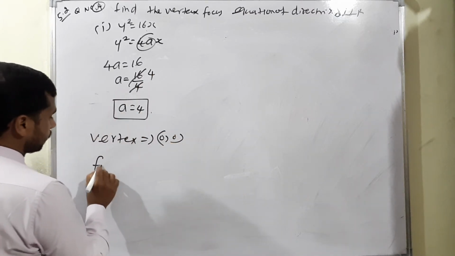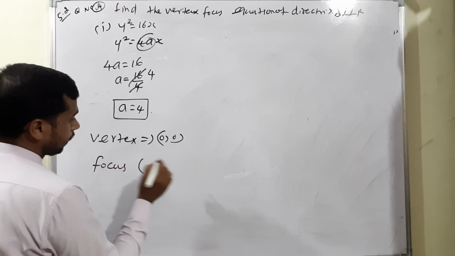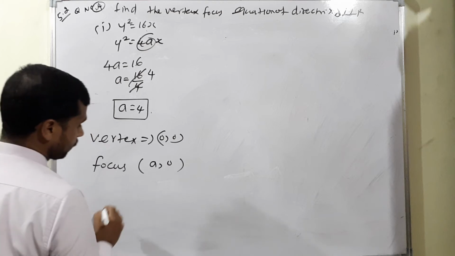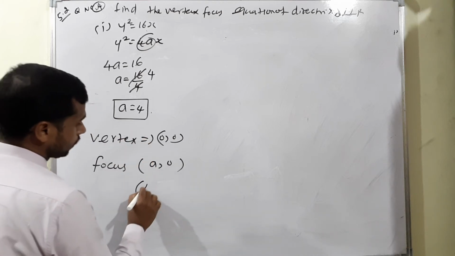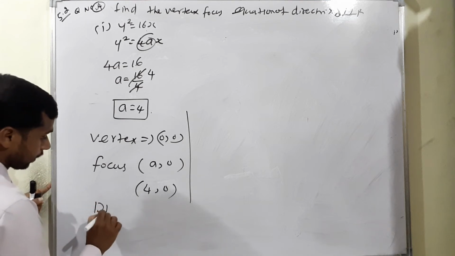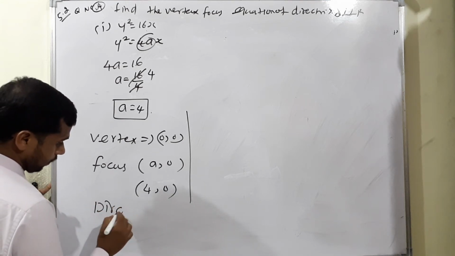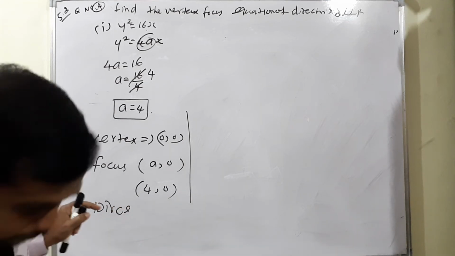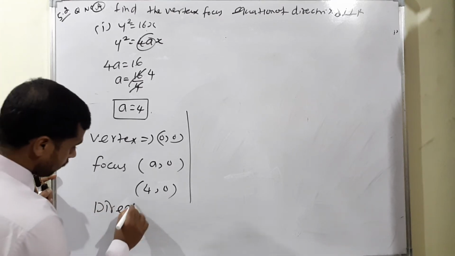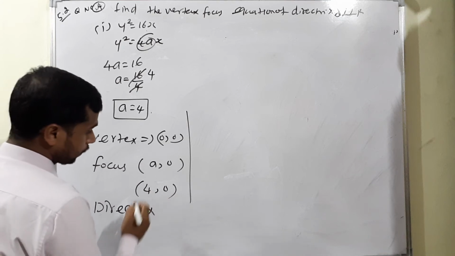Second one, focus. Focus: we already know y square is equal to 4ax, so we can write it as a, 0. A, 0 means a is equal to 4, so 0. Focus is 4, 0. Then directrix. Directrix means the opposite side.